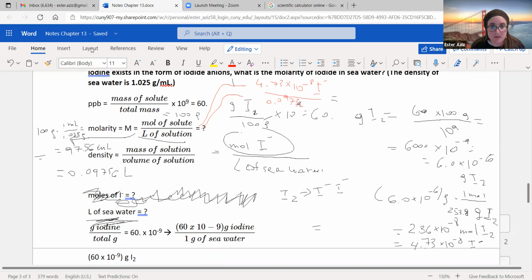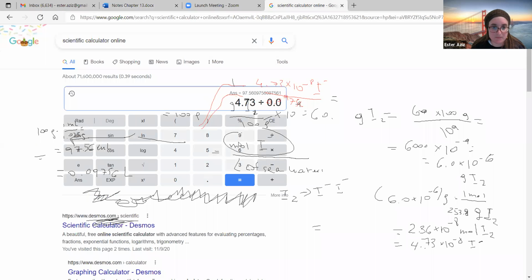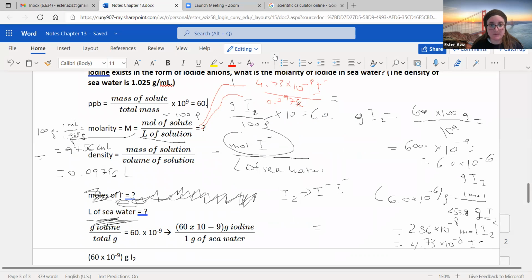Okay, and that gives 49.5. And that would be the molarity of this thing. Okay.